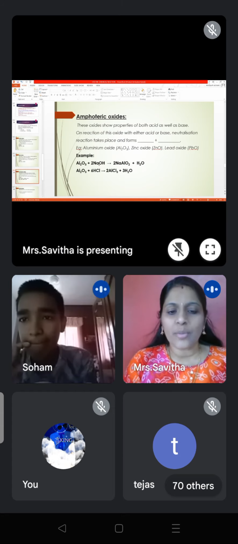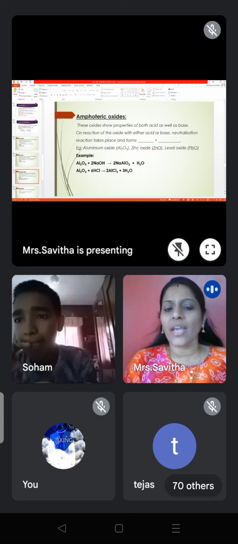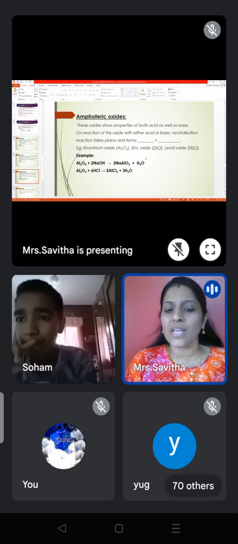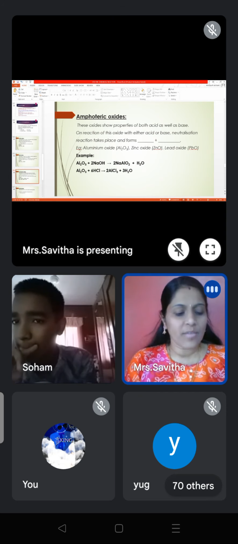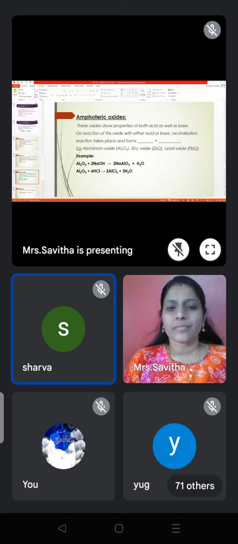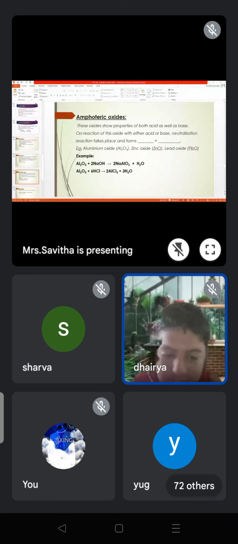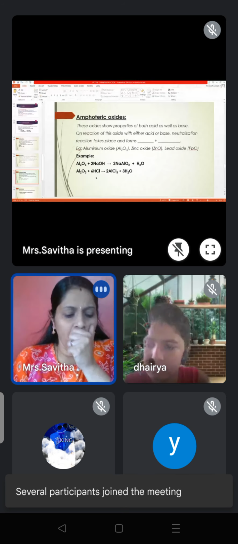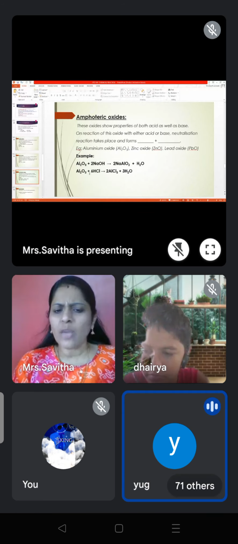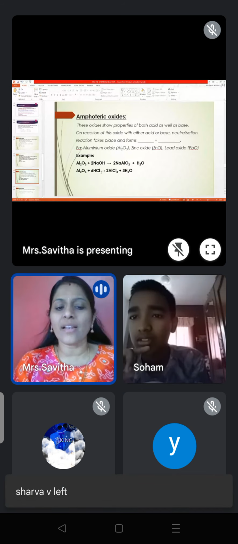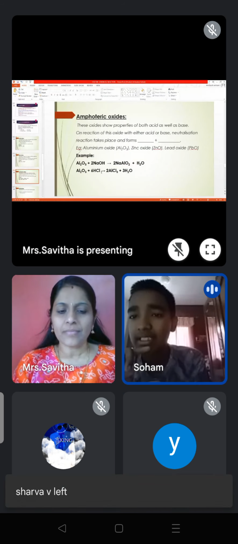Now if you see, Al2O3 plus NaOH gives you NaAlO2, sodium aluminate, the salt, plus water. Same way Al2O3 with an acid, HCl, hydrochloric acid.